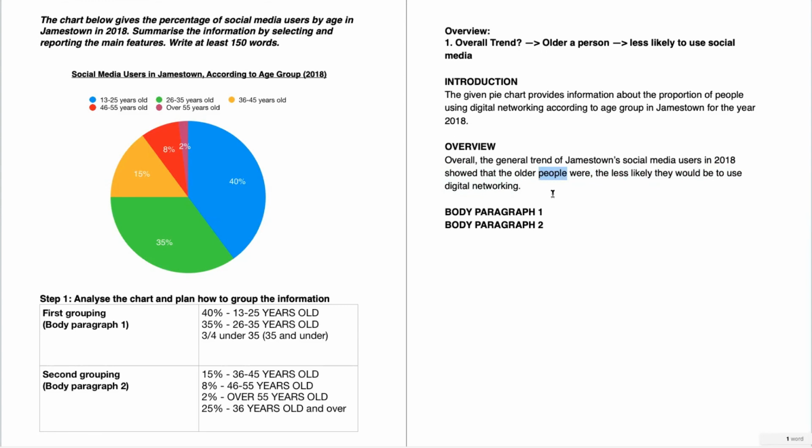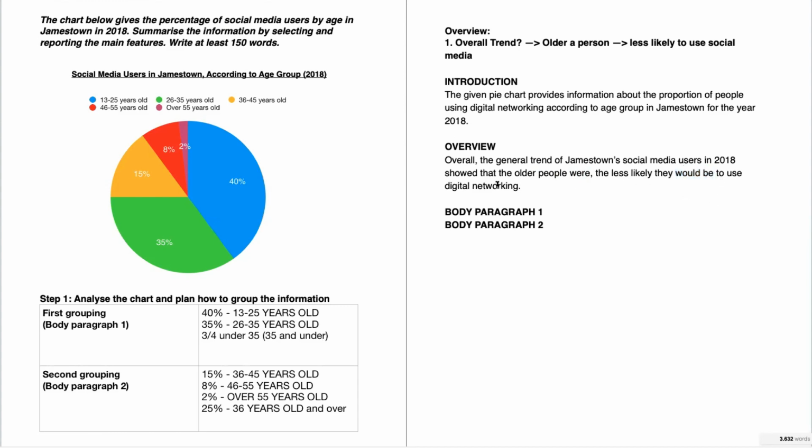So we've got one person, two people. So we need to use the plural form of the verb to be. And since we're doing sort of a second conditional here, we see that if people were older in our study, they would be less likely to use digital networking. So we have the past tense of the verb to be, and then the would plus the bare infinitive. So the less likely they would be.